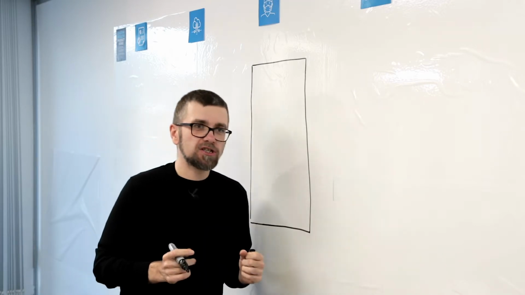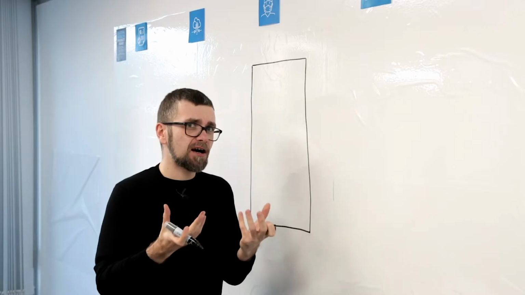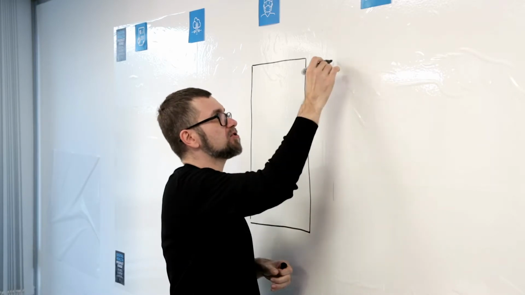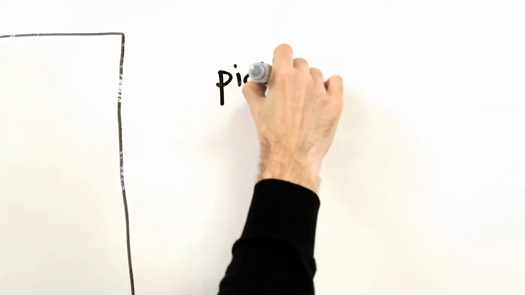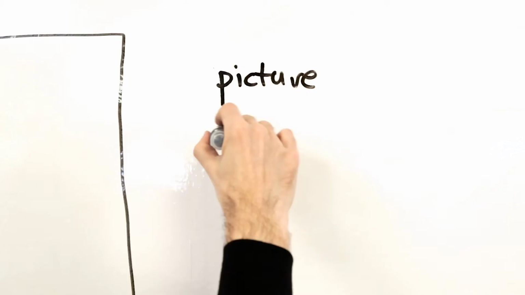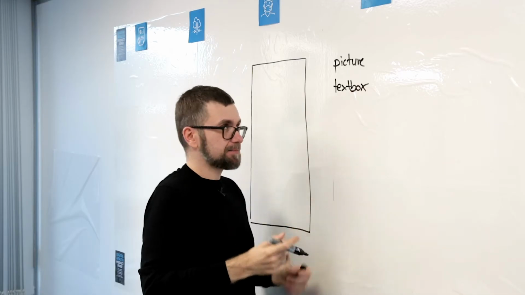Consider that we might be building a food tracker app, something that would allow us to track what we eat, what an interface like this might have. It might be that we would need to have some kind of a picture that would show us what the food looks like. And then maybe what we want to do is to name it with a text box, to write what's the food like.